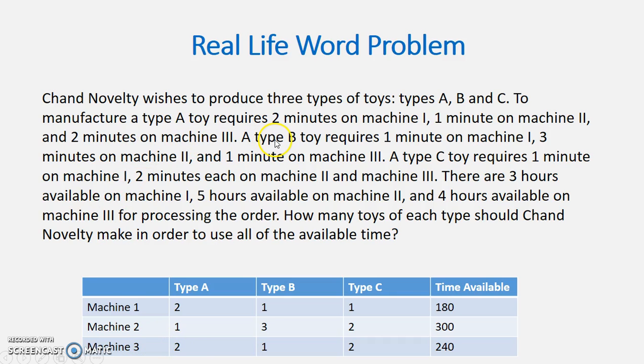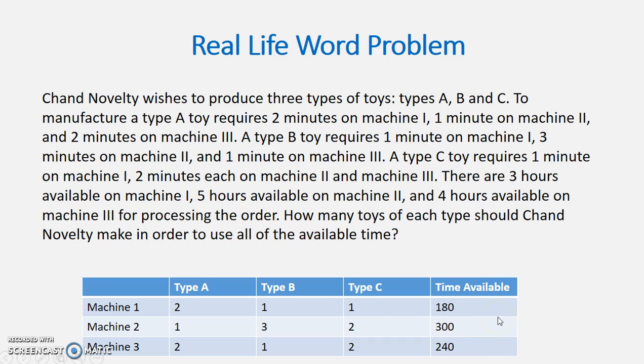Okay, and type B requires 1 minute in machine 1, 3 in machine 2, 1 in machine 3. Similarly, for type C, when we read this, you can understand it takes 1, 2, 2 respectively in the first, second and third machine. And there are 3 hours available on machine 1, 5 hours on machine 2 and 4 hours on machine 3. So accordingly, you have to convert it into minutes.